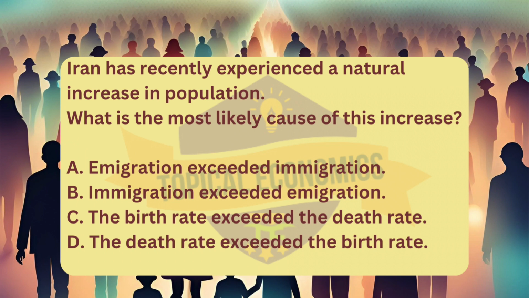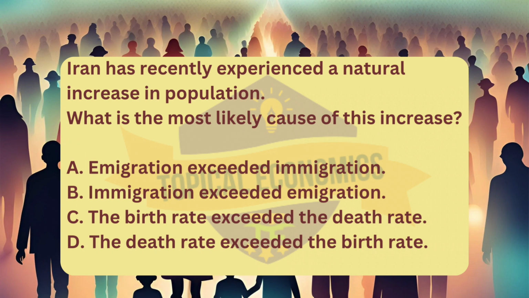Next, option B, immigration exceeded emigration, could lead to population growth, but it refers to net migration rather than natural increase. The question specifically mentions a natural increase in population, which focuses on the birth rate and death rate, not migration. Immigration exceeding emigration would contribute to population growth, but it isn't the most likely cause of a natural increase.